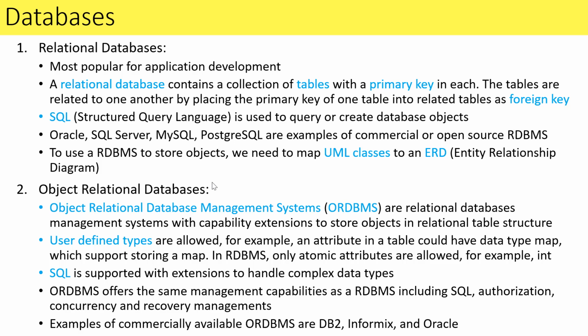Now, if you want to map an object-oriented system into a relational database management system, then we need to look at the classes, or UML class diagrams that we have, and map them into an entity relationship diagram.